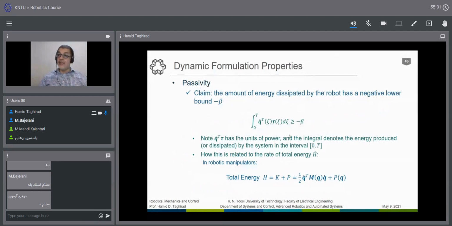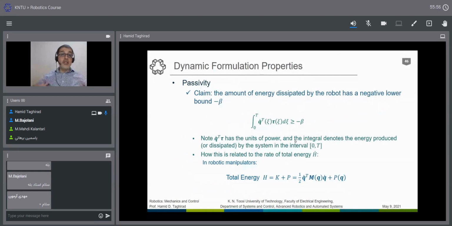And when we integrate the power with respect to its own parameter, with respect to time, then we have the energy of the system in a bound here, and we can show that the integral denotes the energy produced or dissipated.